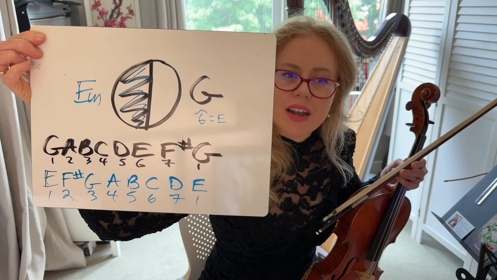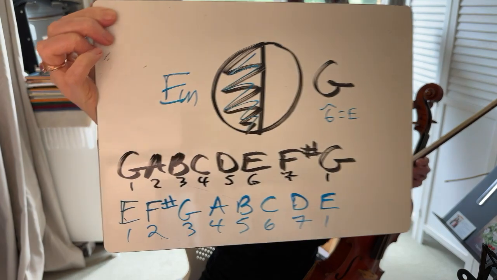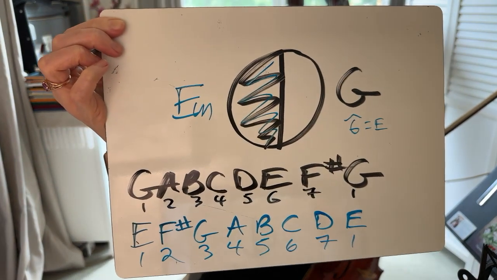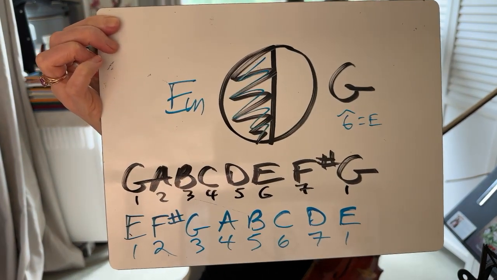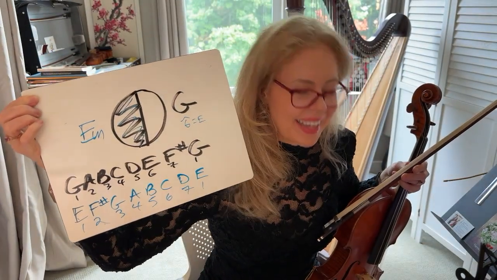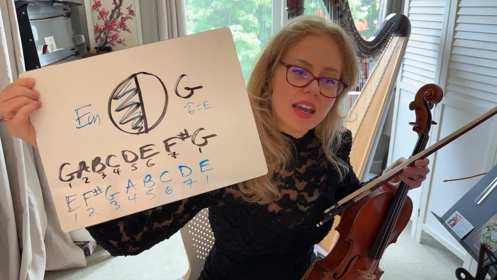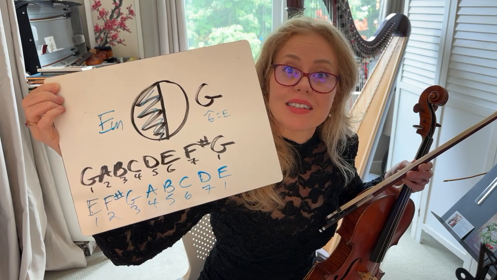I forgot to label that underneath our little circle. Take a screenshot of this, or scribble it down. I'm going to be using G major for the light side and E minor for the dark side for today's examples.